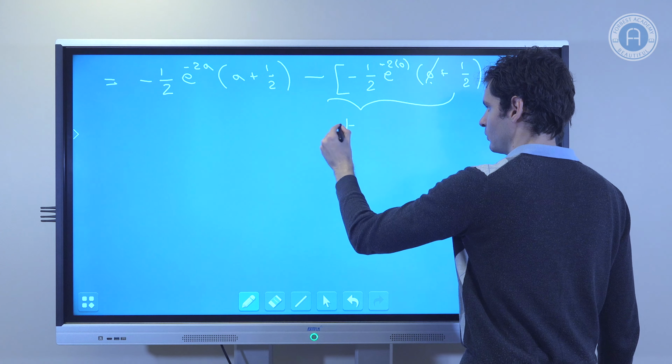Now we have this part here. Now remember, we're going to let a go to infinity. So we evaluate the limit as a goes to infinity of that expression here.